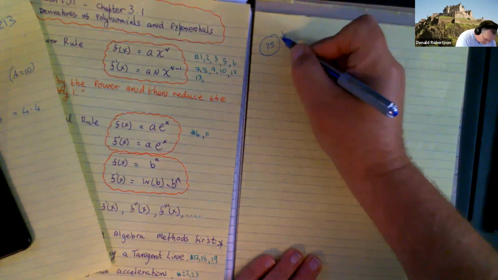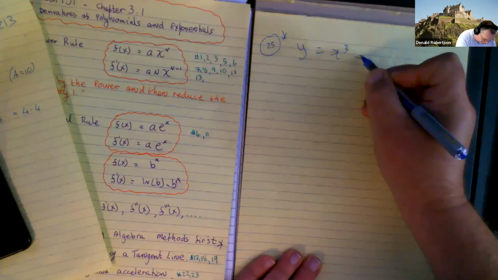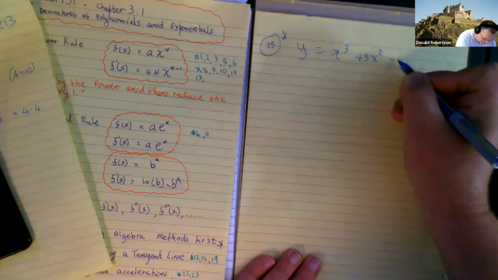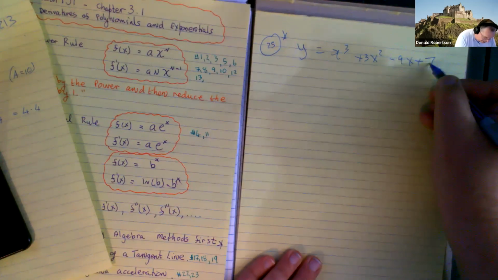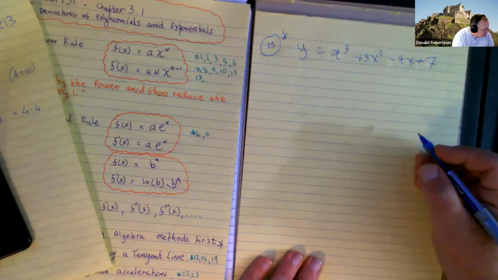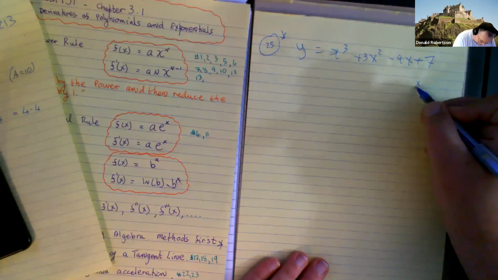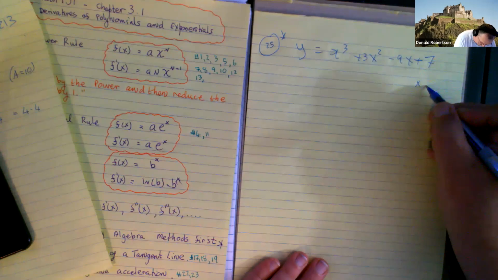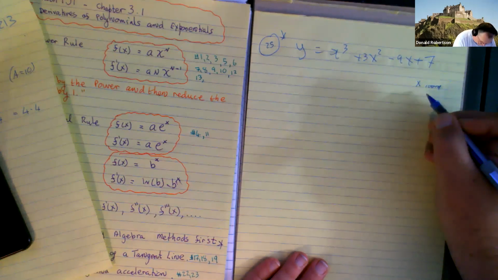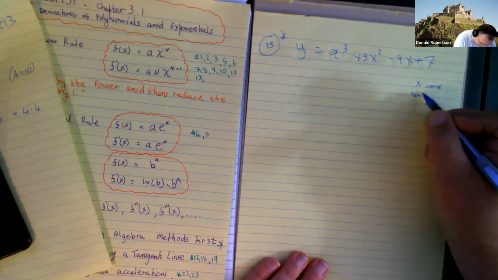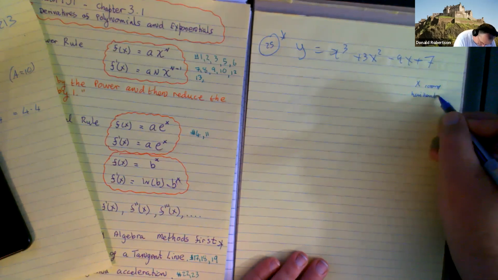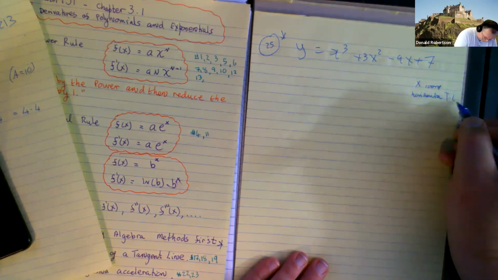Suppose I gave you a cubic equation, and I said, find the x coordinates where there's a horizontal tangent line.